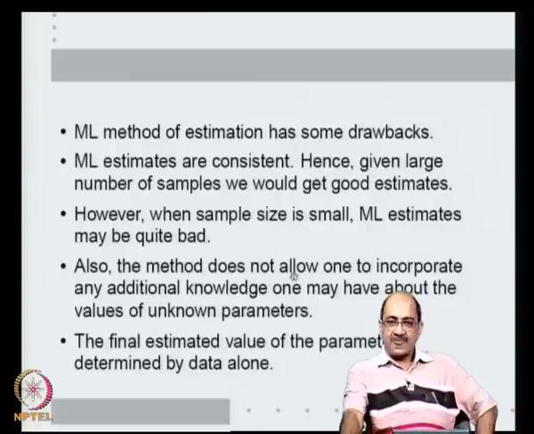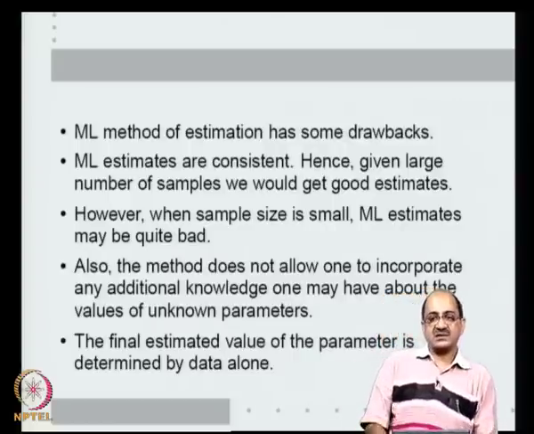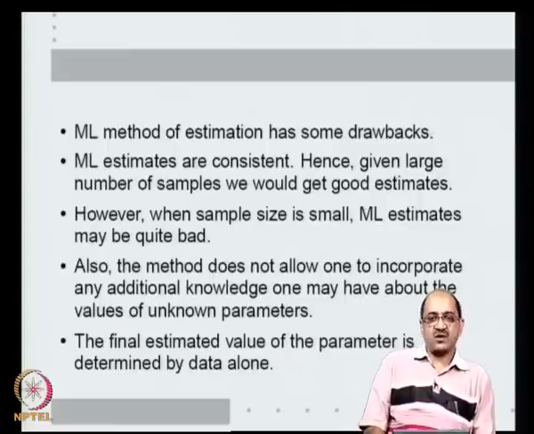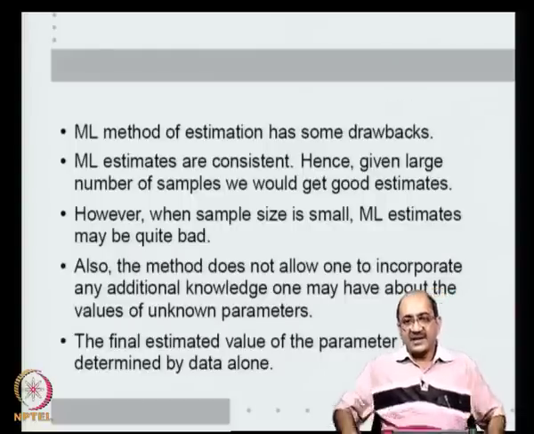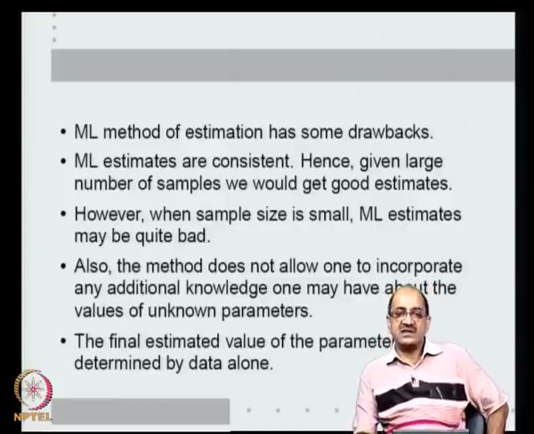That is because the final estimated value is determined by the data alone and nothing else. If I tossed the coin 3 times and got 3 heads, the maximum likelihood procedure does not leave me any other option but to say the probability of heads is equal to 1. There is no way I can tell the estimation procedure that I know that the probability of heads is less than 1.